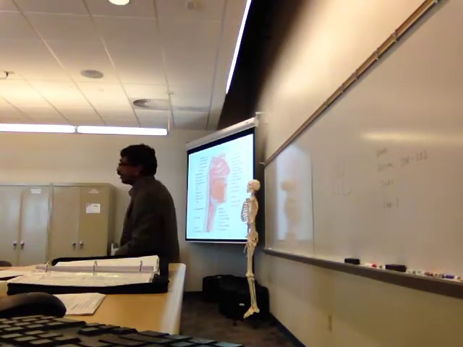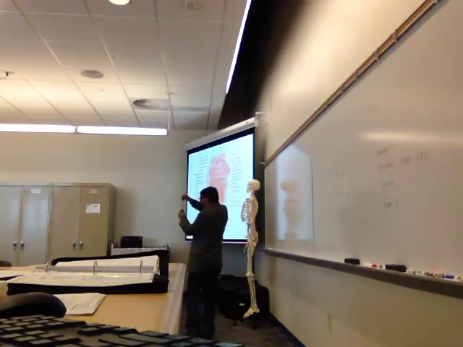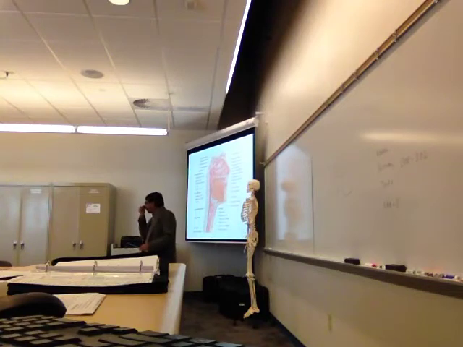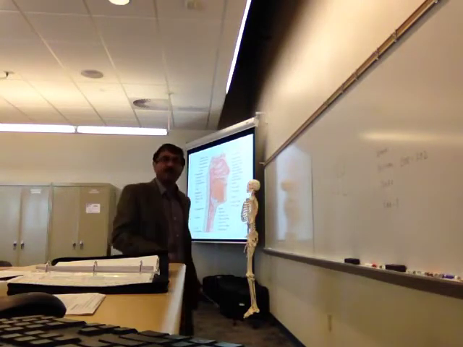Now, the cribriform plate of ethmoid has many holes. Probably you remember from NP1, the cribriform plate of ethmoid has many holes, right? Those are called olfactory foramina. Olfactory nerve fibers, smell nerve fibers that will carry the smell signal, will pass through the olfactory foramina of the cribriform plate.